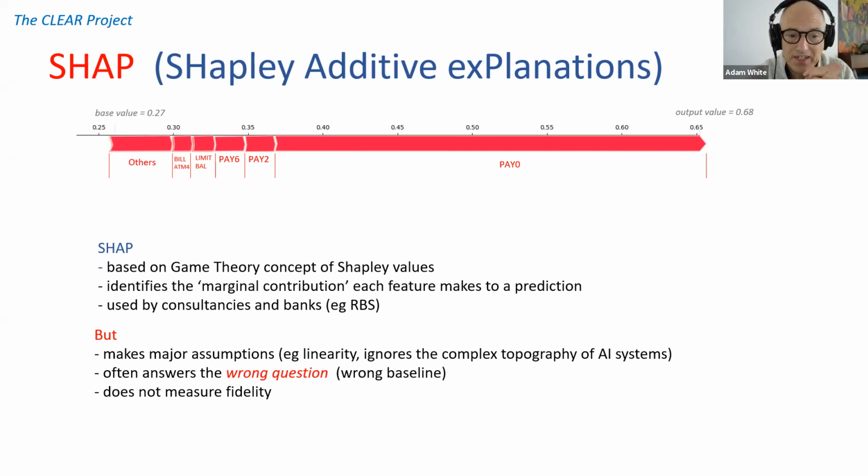Another key problem with this, it answers the wrong question. What it does is it explains a prediction relative to a base value. Now, base value is the average forecast of all the data in the training data set. So it looks at all the forecasts, takes the average, and then explains why this particular observation differs from that average of all the data in the training data set.